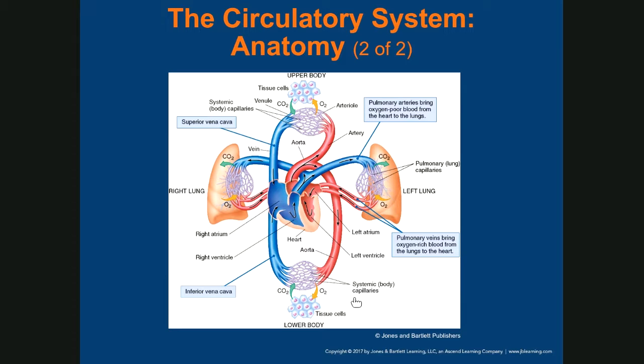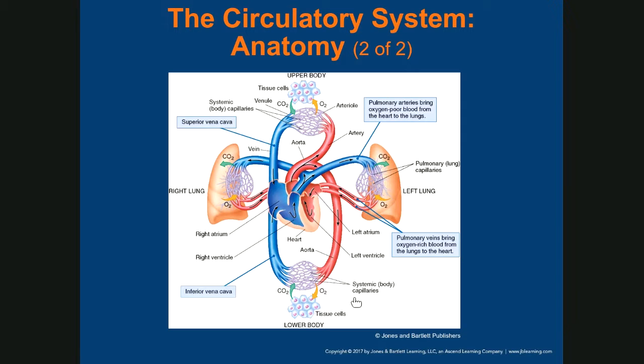Now, the upper chambers of the heart are referred to as the atriums. I have a right atrium and a left atrium. The lower chambers of the heart are referred to as the ventricles. You have a right ventricle and a left ventricle. The left ventricle is the largest chamber of the heart, and the reason for that is it is the chamber of the heart that does the most work.